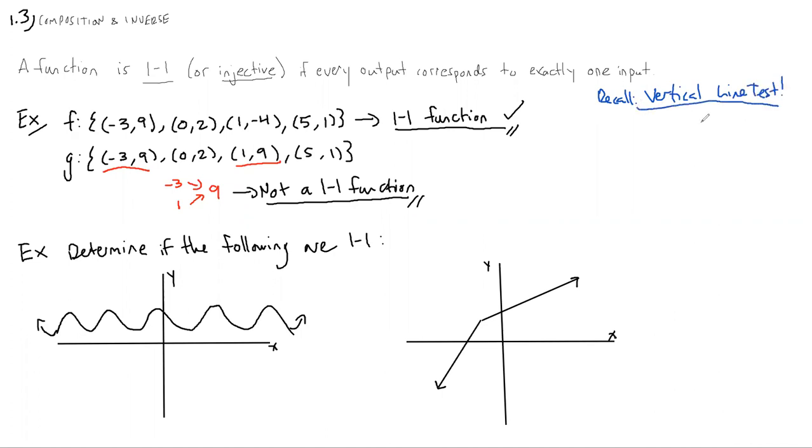remember the test for whether or not something was a function is if there's any vertical line at all that you can draw that crosses through more than one point, then it is not a function. So for one-to-one functions, it's the exact same test, but it's the horizontal line test.